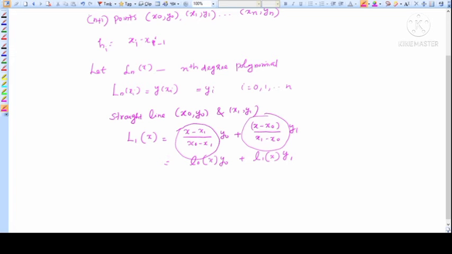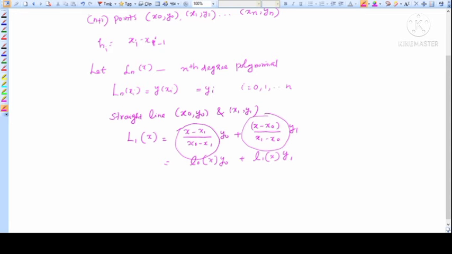So you note one point here. This is L0, so there is no x0 term in the numerator here, and this is L1 and there is no x1 term in the numerator.